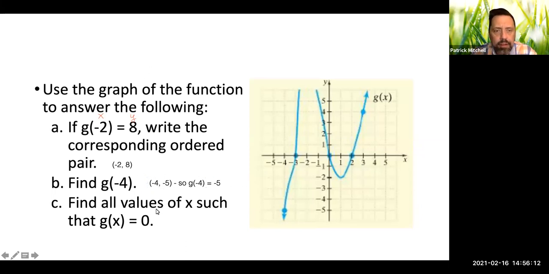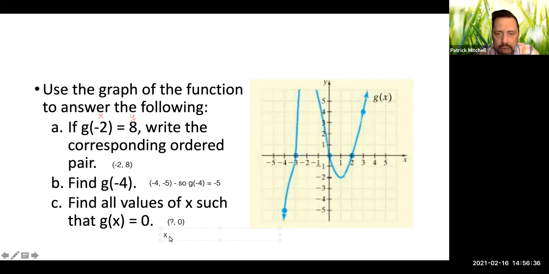All right, and then finally, all values of x such that g of x equals 0. So we're looking for ordered pairs of the form something, 0. So how many points do you see like that? I see 1, 2, 3. All right, so there are 3 answers to this question.